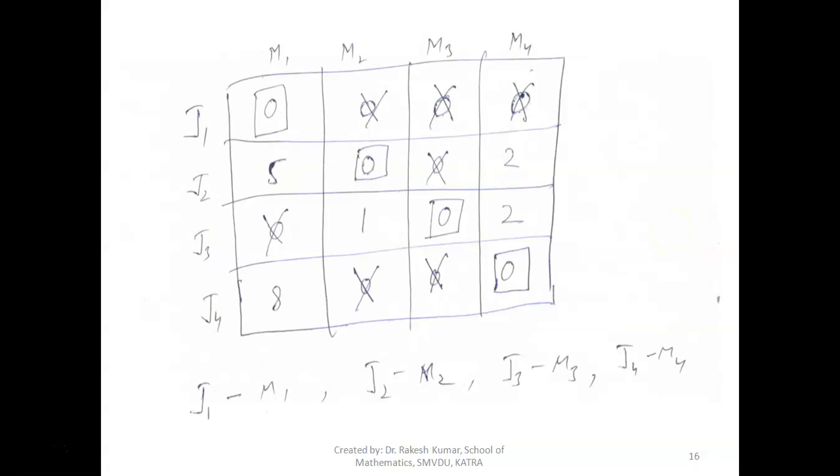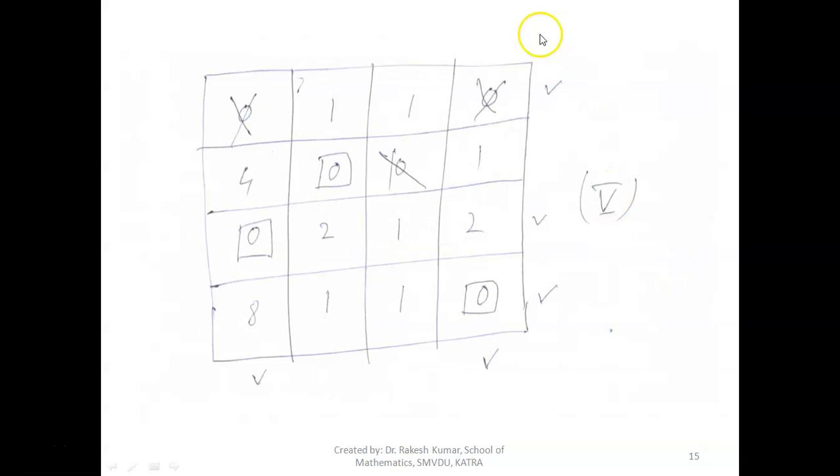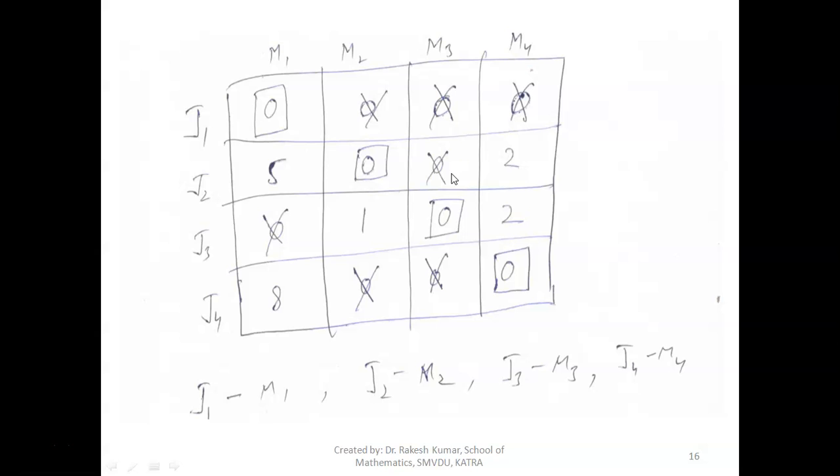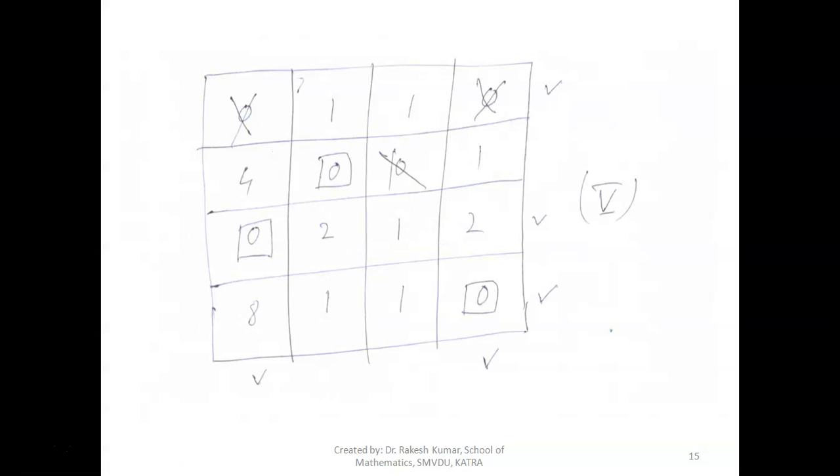Draw the lines. If we draw the lines and do the same procedure, this will be 0, and what will be the cover lines?